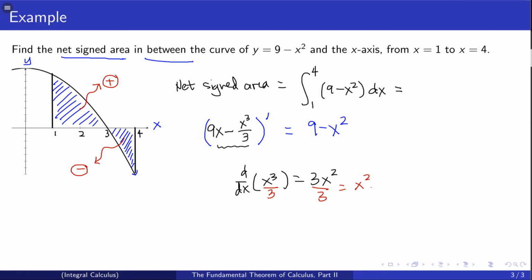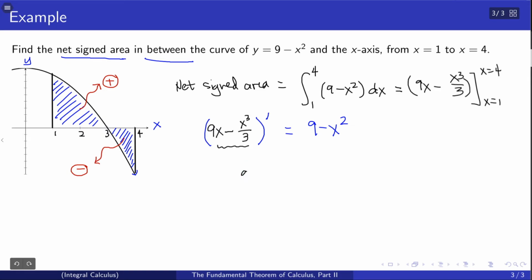So now I can write, well, this integral evaluates to 9x minus x cubed over 3. And we evaluate at x equals 1 and x equals 4 and subtract the corresponding values to get the exact signed area. Right, so this is equal to 9 times 4 is 36, minus 4 cubed over 3, 64 over 3.